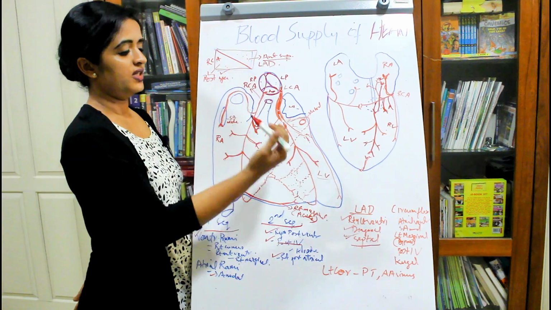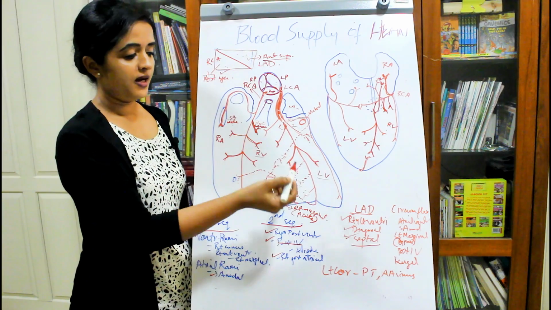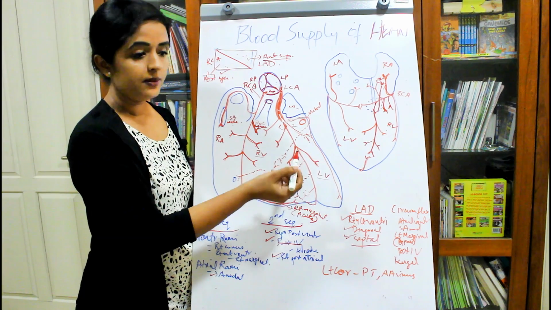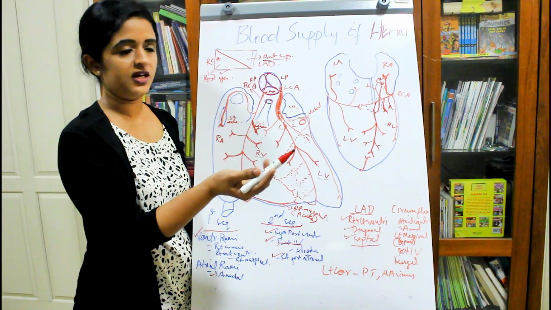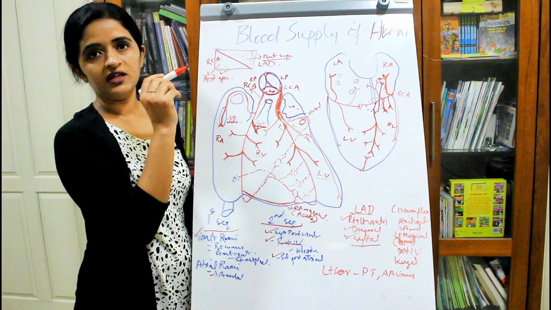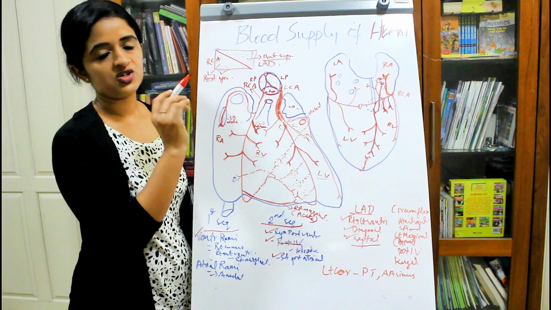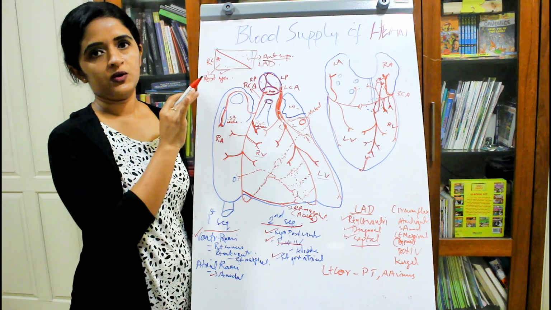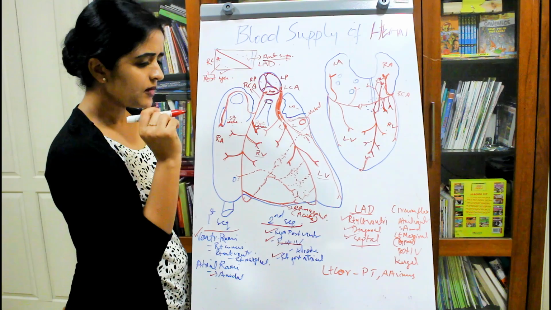That is how the interventricular septum is supplied: the anterior two-third by the septal rami of the left anterior descending, so in a way the left coronary, and the postero-inferior by the septal rami of the posterior interventricular branch, which is a branch of the right coronary. This is seen in most of the population.